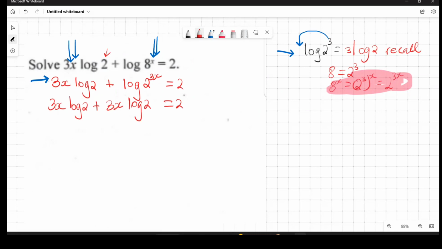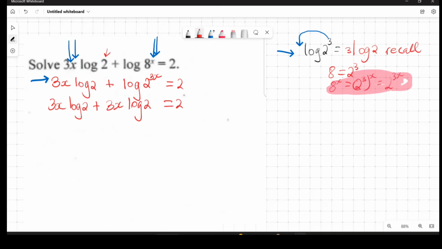But if you really look at it, you would see that you're actually seeing 3x log 2 twice. So we can do something with that if we want, because that is actually 6x log 2. Yes, 3x log 2 plus 3x log 2.